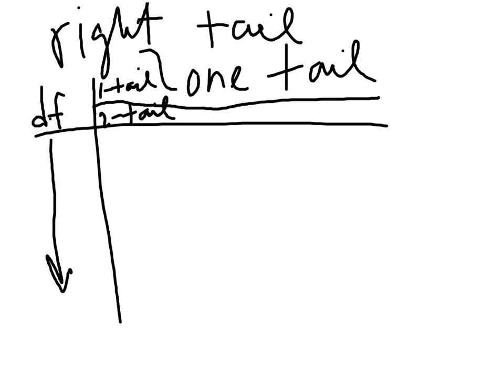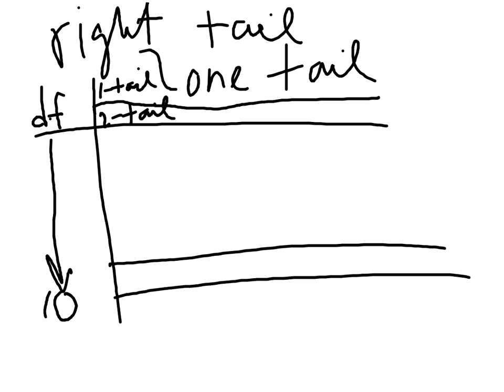So if we were doing this question, remember our n was 11, so that means our degrees of freedom was 10. What we do is we run across that column horizontally until we find the numbers in which our t-value falls. Our t was 2.056.